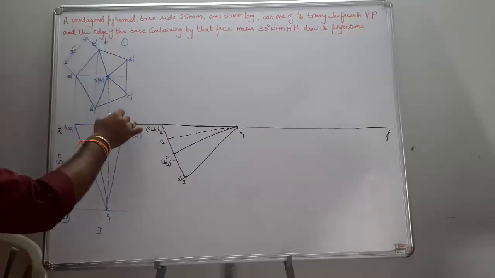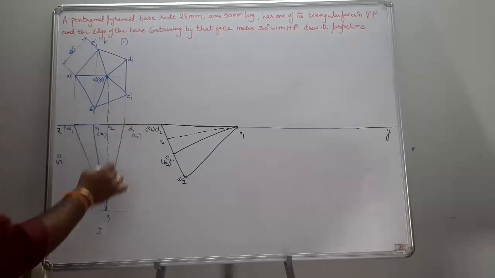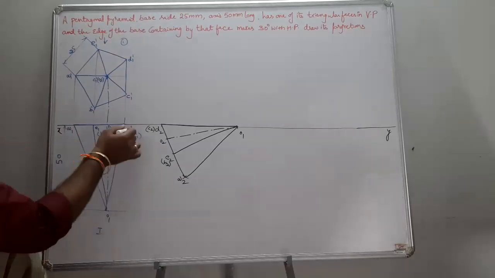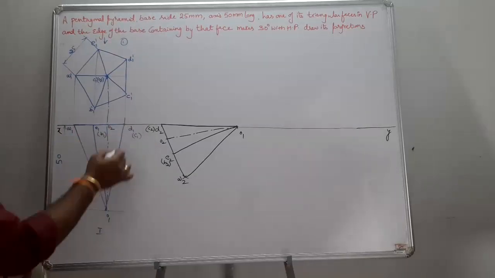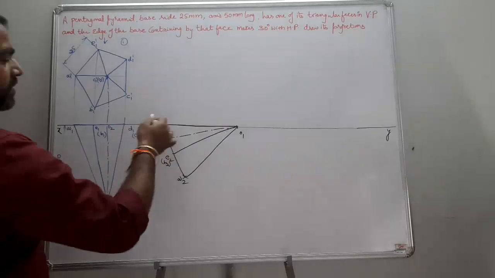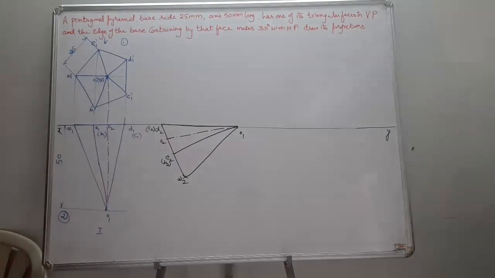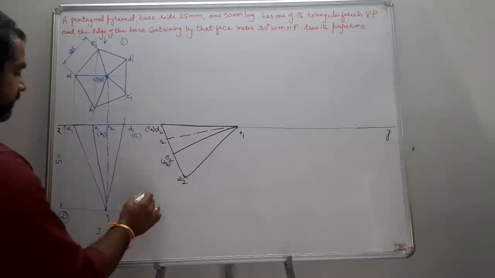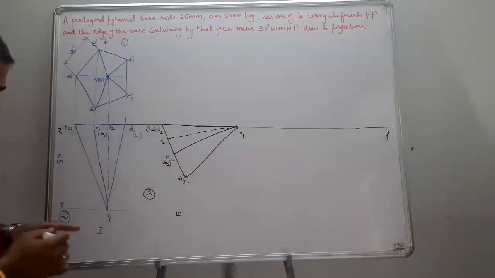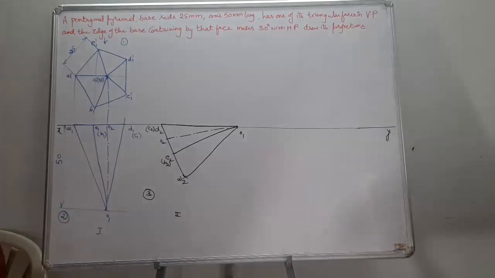So while it is supposed to show the top view, it becomes like this line. Why? Because C1 is not going to be visible. If it is considered, then it is a triangular face. So this triangular face comes on XY. So this was step 3. This was stage 2.